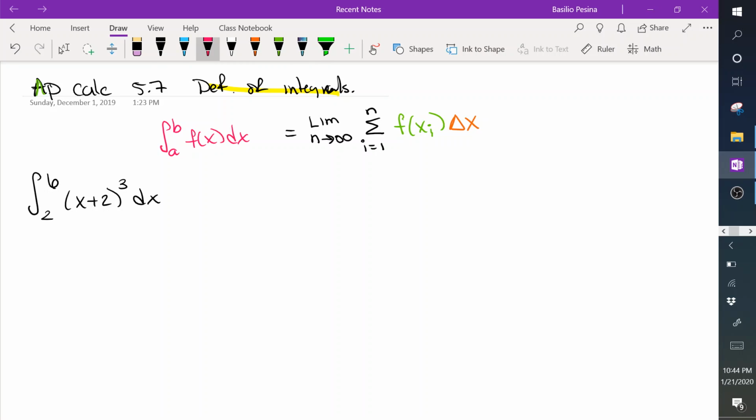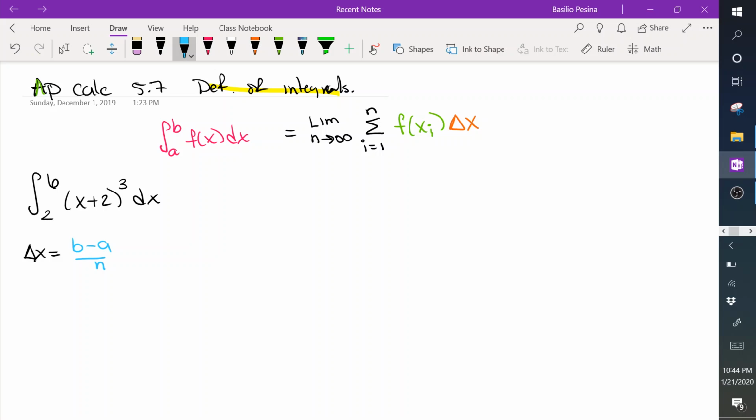We can find the delta x as b minus a divided by n, which we have already been doing for our left endpoints and our right endpoints, and even our trapezoidal and our midpoint.